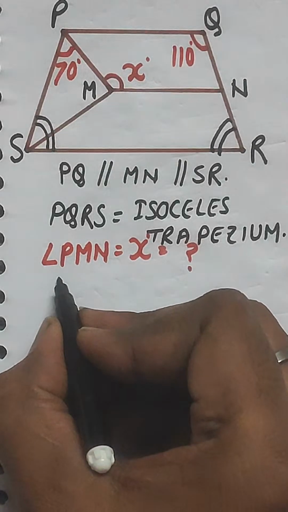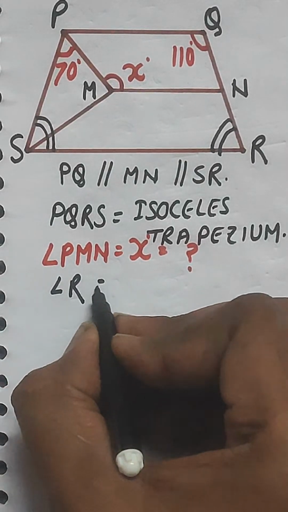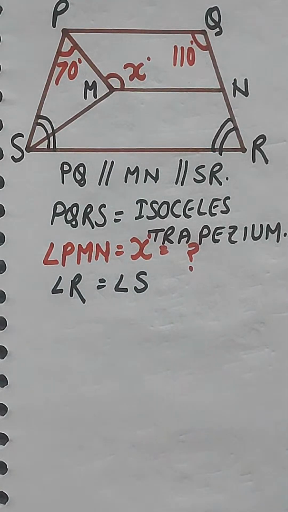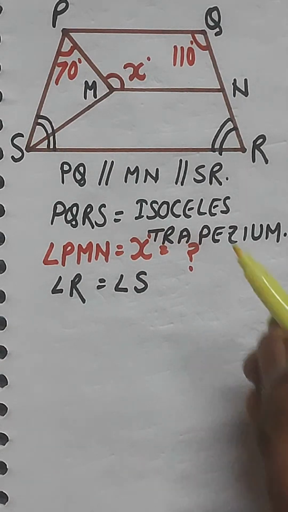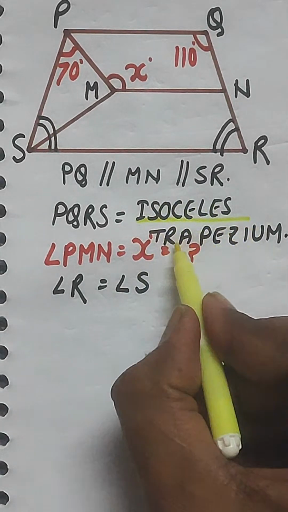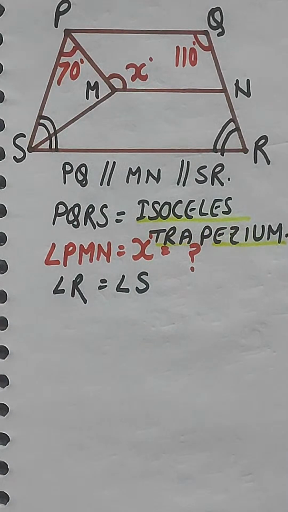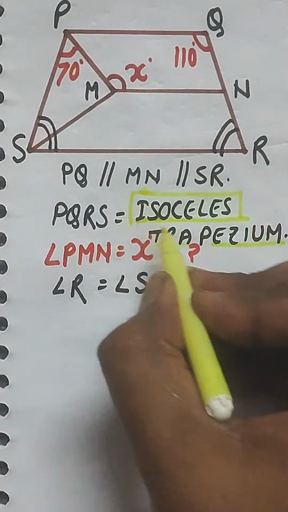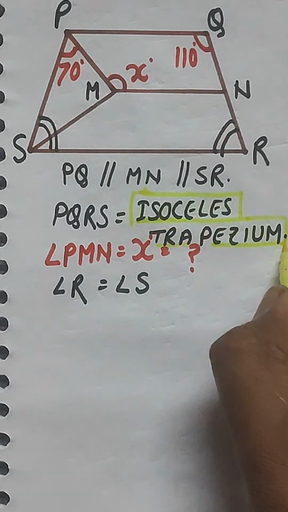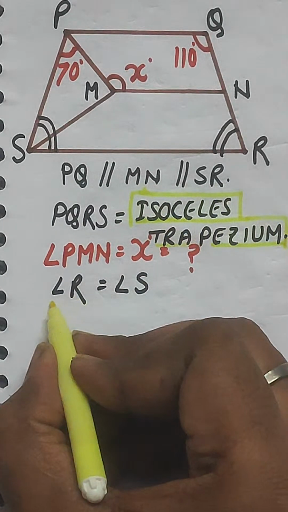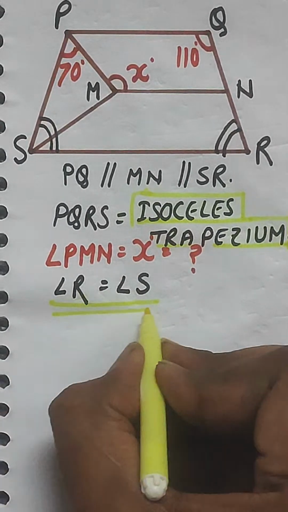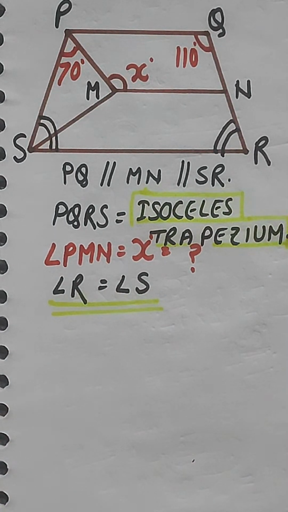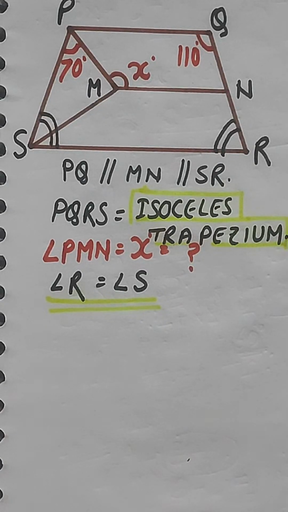That means angle R will be equal to angle S, because this is the property of an isosceles trapezium. So we can say that angle R will be equal to angle S, right?